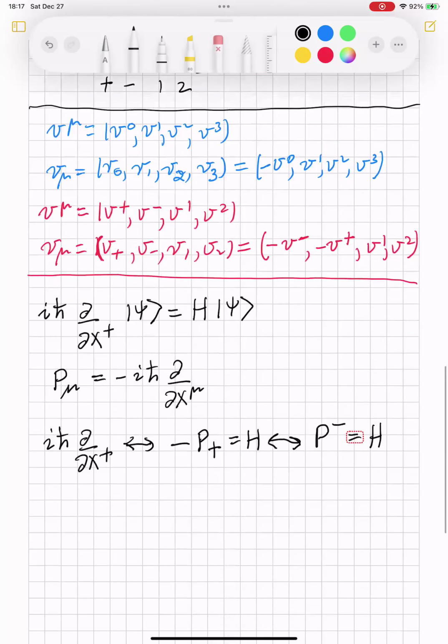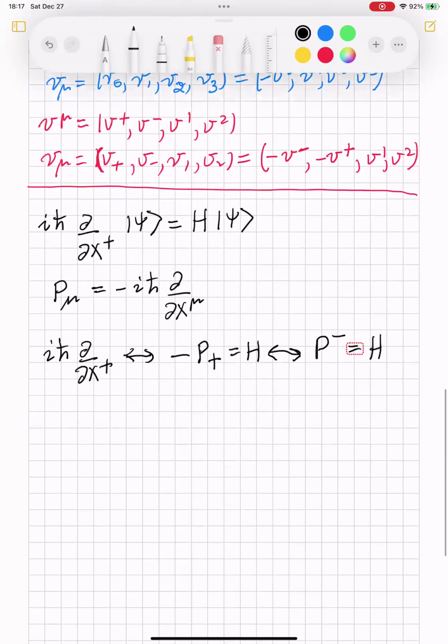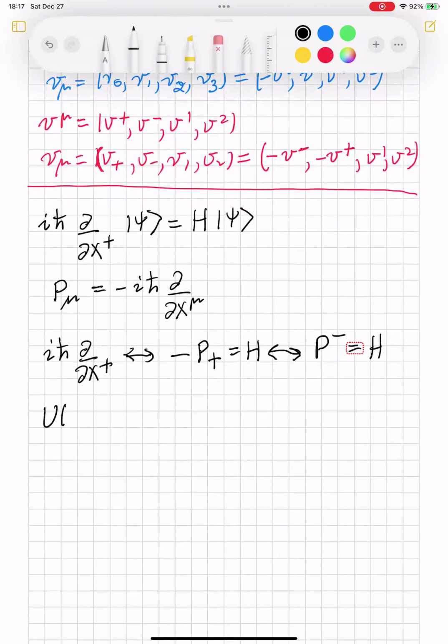So the time evolution operator, this is U of x plus, as usual, p minus, the Hamiltonian, is an element of the Lie algebra, so we would exponentiate it. Minus i over h bar, there is an x plus, and there is a p minus. What would this operator do?